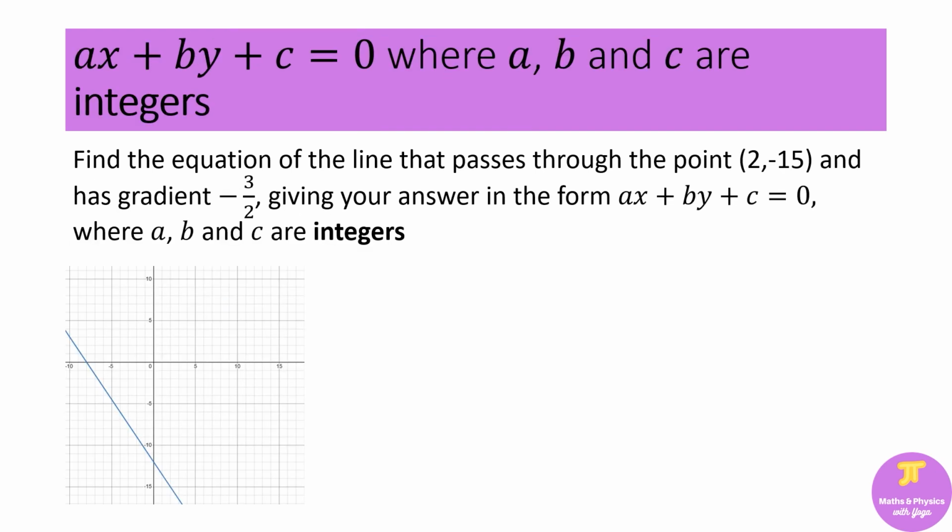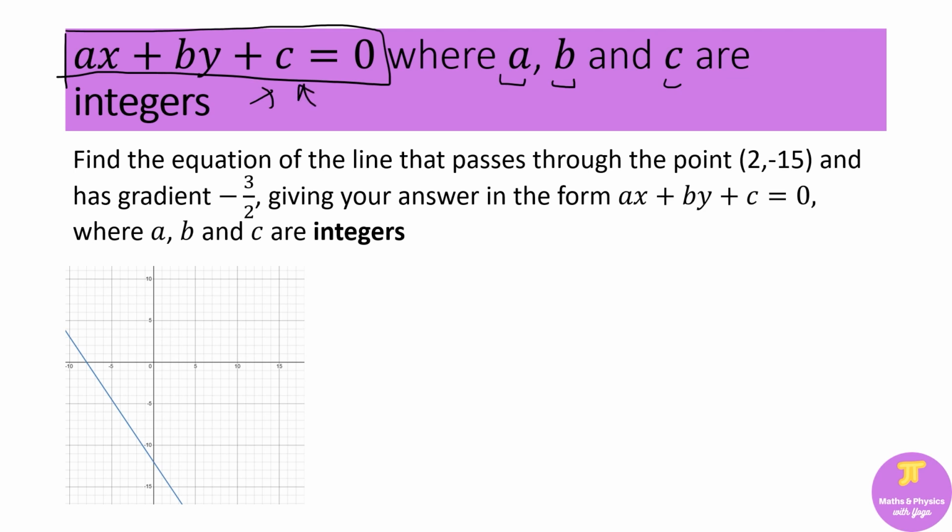The third method is to represent the straight line in this format: ax plus by plus c equals 0, where a, b, c are integers, right? This method is pretty straightforward. This is not a new method. You use one of the first two methods and then rearrange the equation into this format.